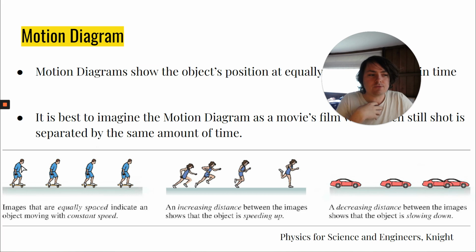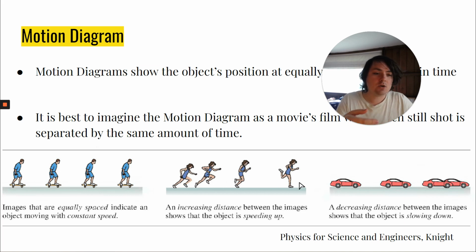If we have 4 different frames of that movie and they're equally spaced, such as the skateboarder, we know both equally spaced in position as well as equally spaced in time means that the skateboarder is moving with constant speed.